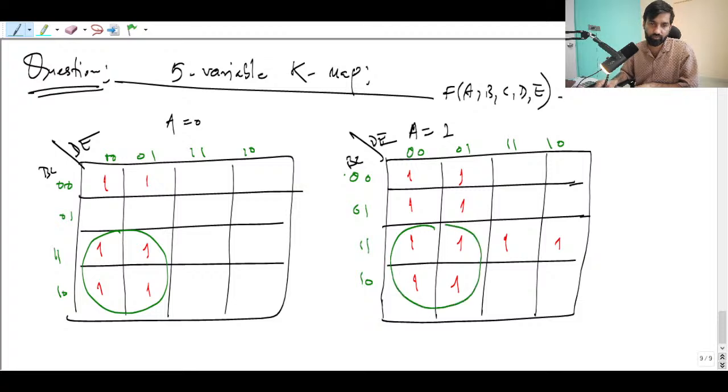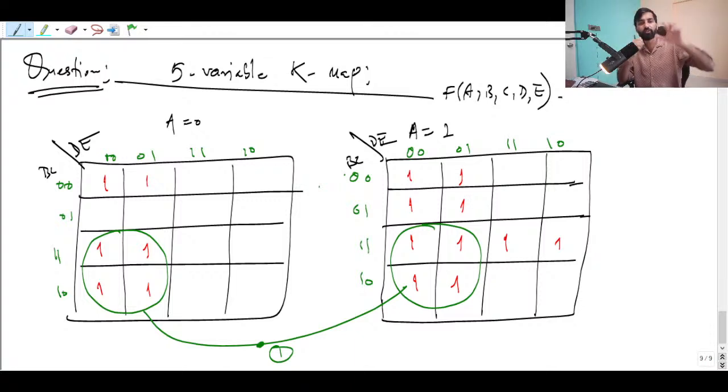Connecting them, this is first, and you got an octet, because 4 ones and 4 ones make an octet.